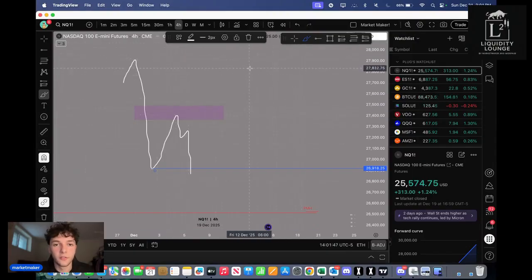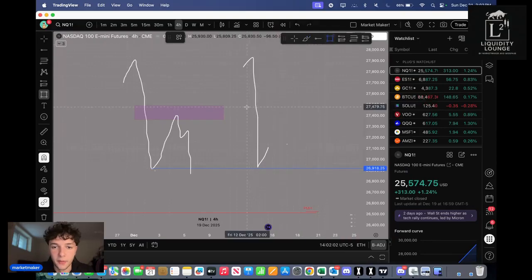All right, so now let's do an opposite example. We have the same leg down, with a fair value gap in the middle right here.